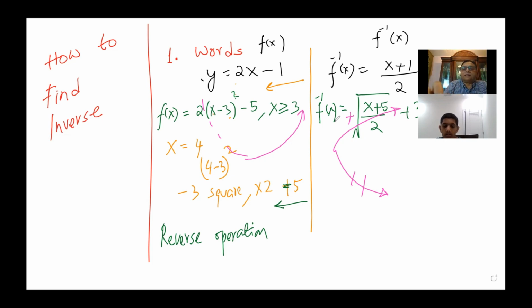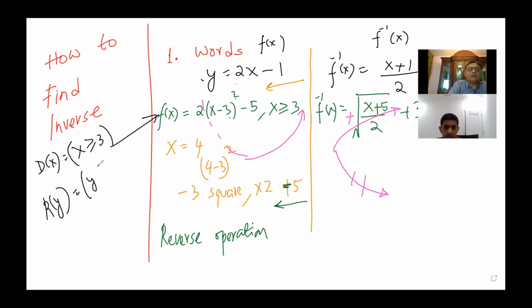The other way of checking, which is very important to understand, is: what is the domain of this function? For this function, the domain is x greater than or equal to 3. And the range is y greater than or equal to minus 5, correct? So as soon as you want to do the inverse, you have to write the domain and range first.